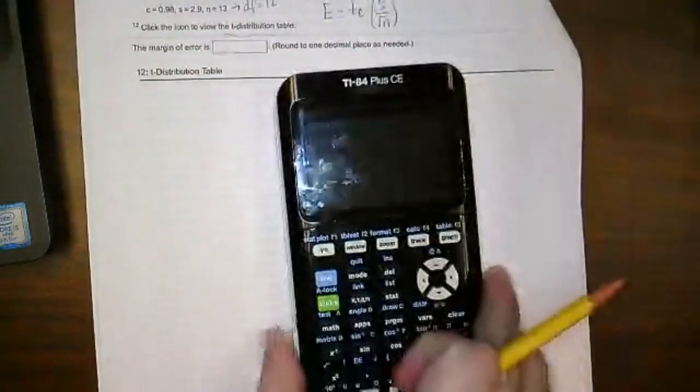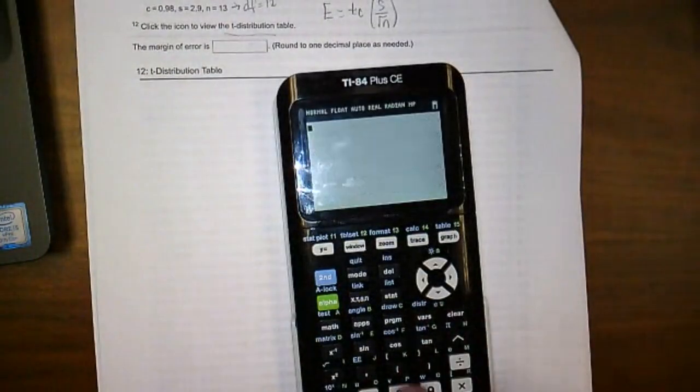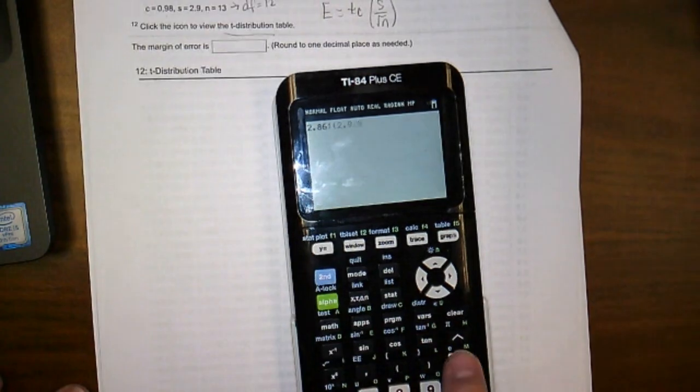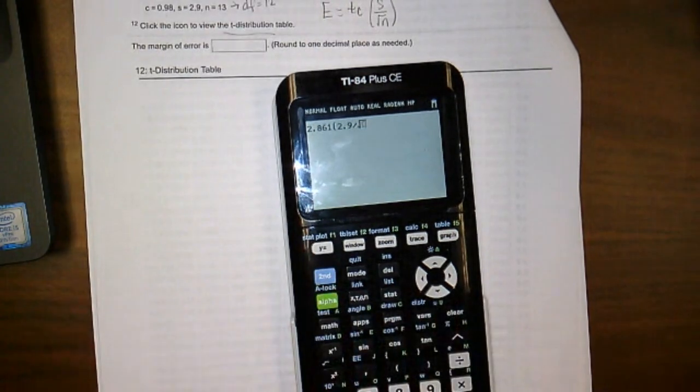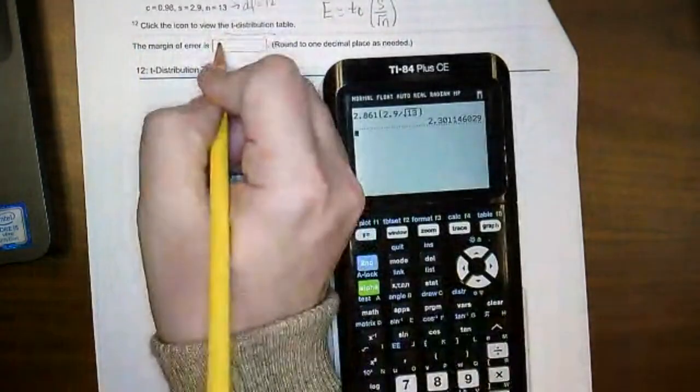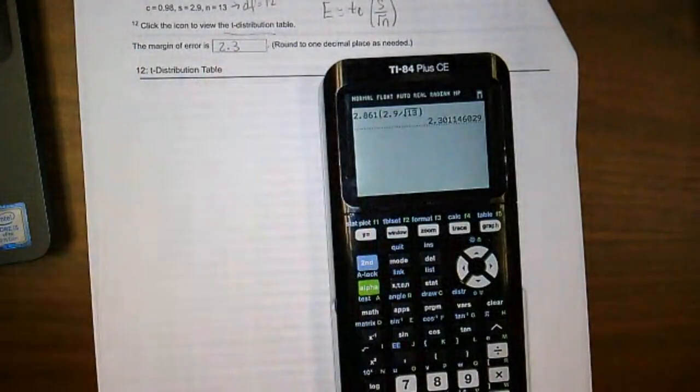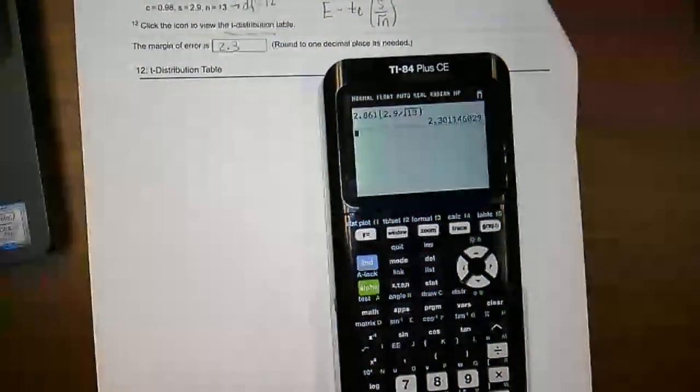So I'm going to take 2.861 and multiply it by my S, which is 2.9, divided by the square root of n, which is 13. And so that's just round to one place, so 2.3. Did I write that down right, 2.861, or is it 2.681?